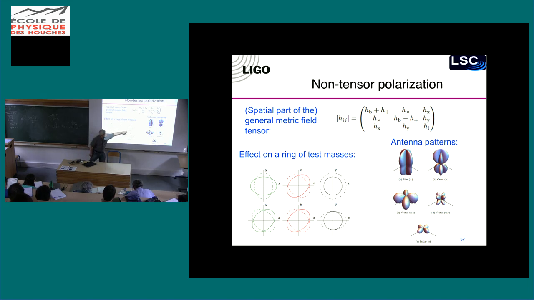Here's the breathing mode. Z is in the plane, X and Y just stretch, both.